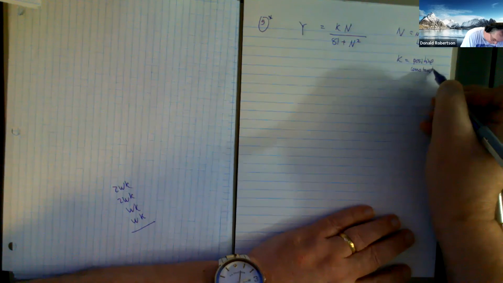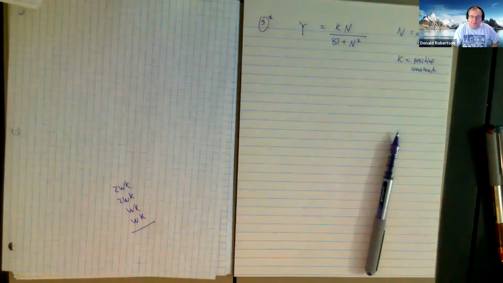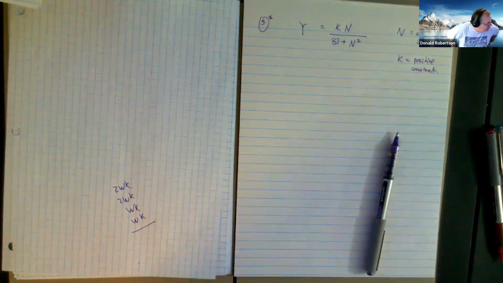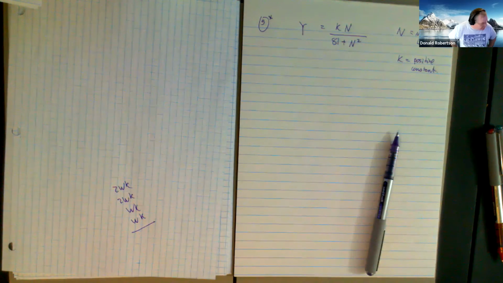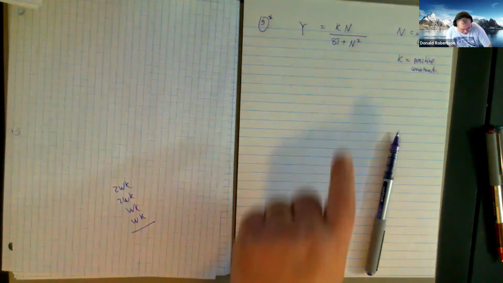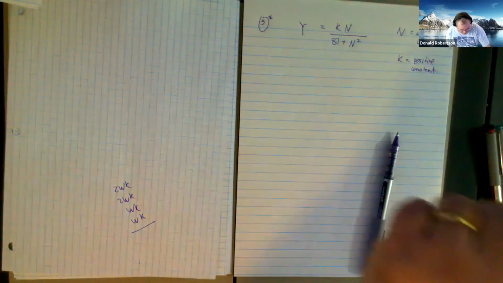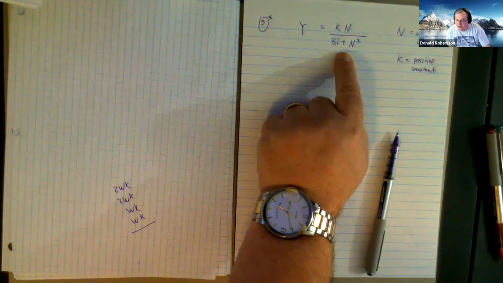So don't let the K bother you. Think K is 42, whatever, a number. That's all a positive constant is. So in this question, we really don't need to do an optimization function. It's that guy. And we don't need to find out what K is in terms of n, if you were worried about that. In fact, we are ready to move on to differentiate and find critical numbers.